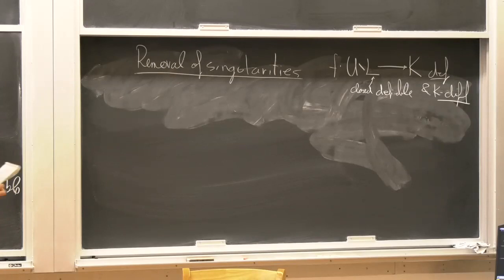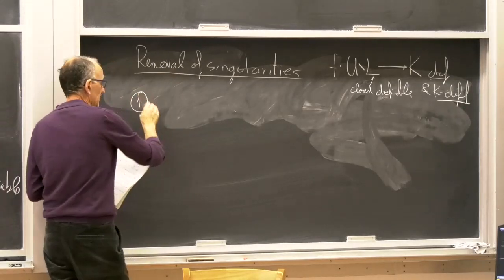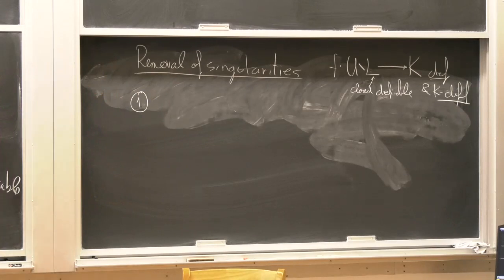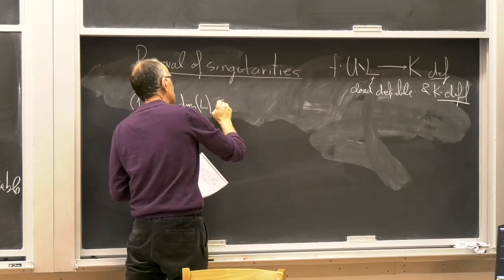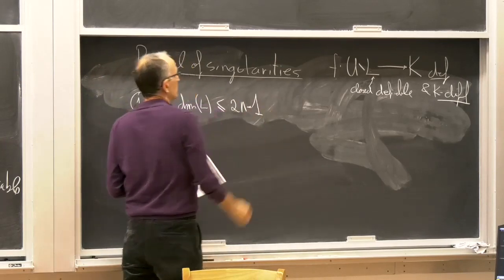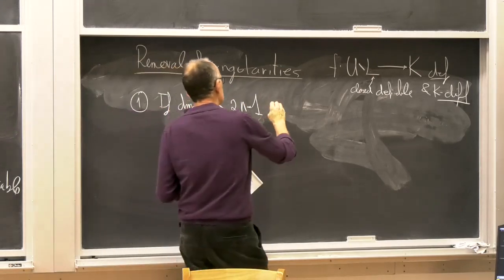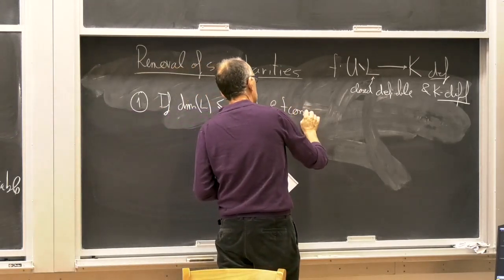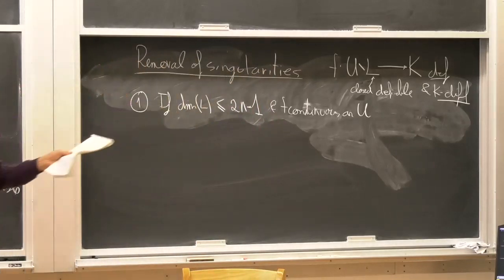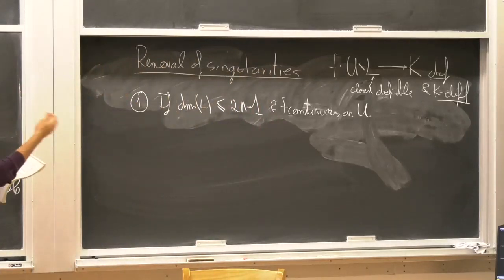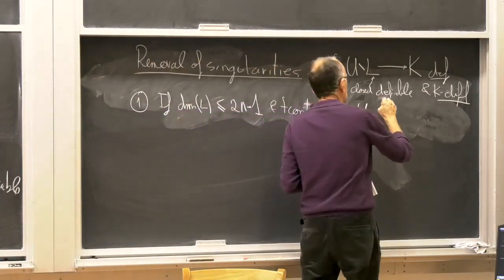And now let's look at what we can say. So the corresponding thing to the first one, so here we allow the dimension to be at most 1, so codimension 1 inside C, inside K. And the same thing will be true here if the dimension of L, the o-minimal dimension, is less than or equal to 2n minus 1, and F is continuous on U. So F is not only defined on X, if you want a continuous extension to U, then it is K differentiable.